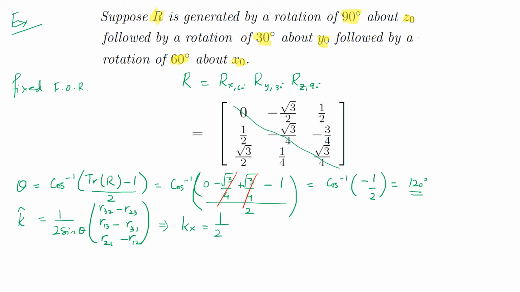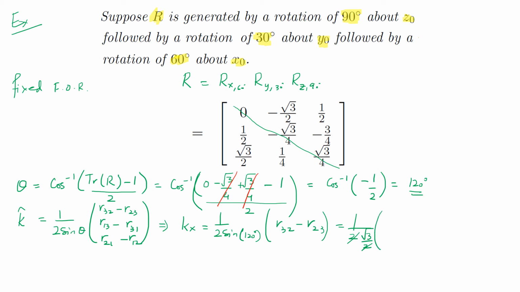1 over 2 sine of 120 degrees, then you have R32 minus R23, which you can obviously write down. So this is equal to 1 over 2. Sine of 120 is actually equal to sine of 60, and that is, if I recall correctly, root 3 by 2. So you can cancel these two out. So this is going to be 1 over root 3.